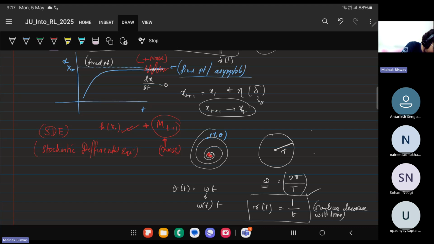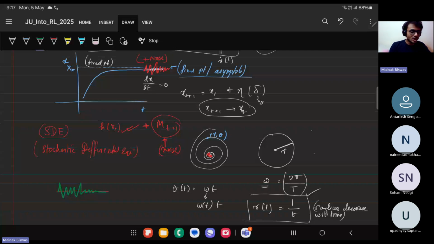So at a particular time, you can just go up, down, around. This was your expected trace, but at a particular time, due to noise, this can vary about that expected trace.